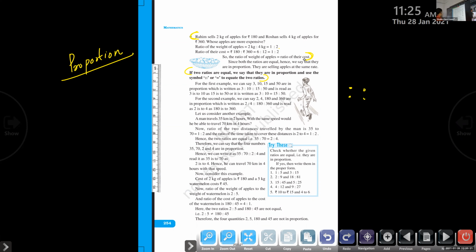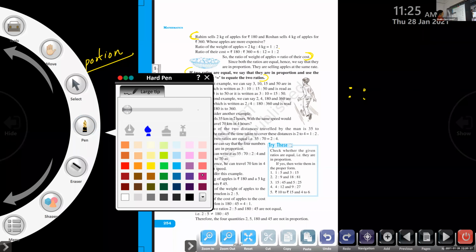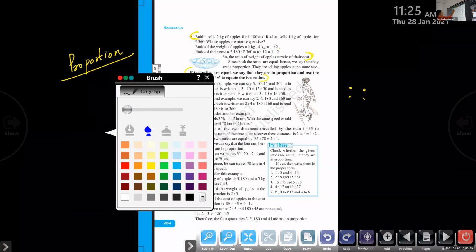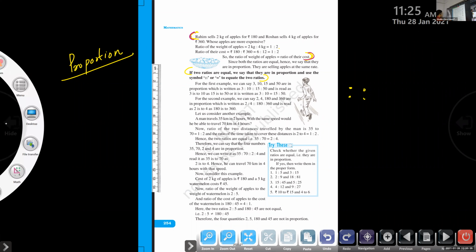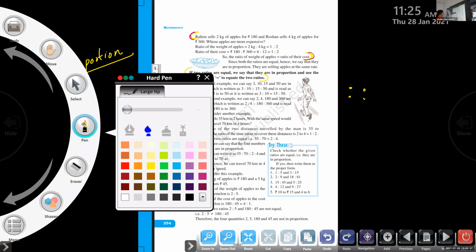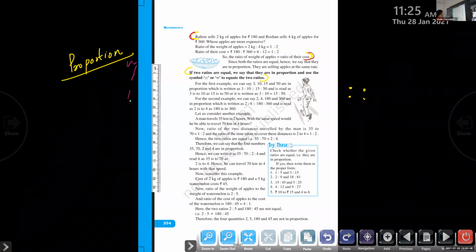Rahim sells 2 kilograms of apples for rupees 180 and 4 kilograms of apples for rupees 360.